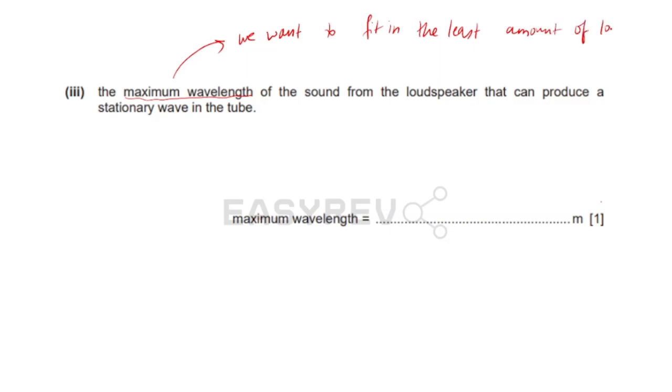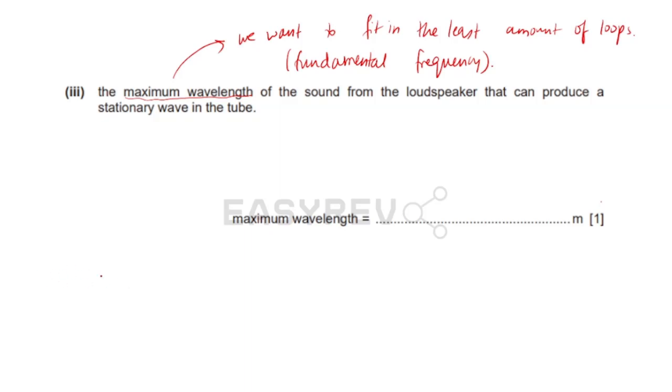And there is only one kind of arrangement that can give you the least amount of loops. That's the arrangement of the stationary wave that you draw for the fundamental frequency. You might recall that the fundamental frequency refers to the frequency of that stationary wave which is basically the smallest number of loops that you can fit inside a tube, right?